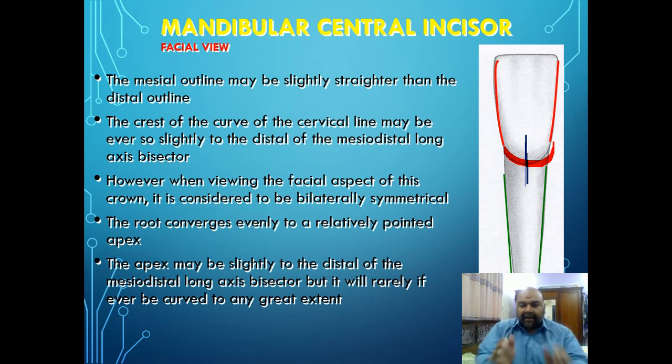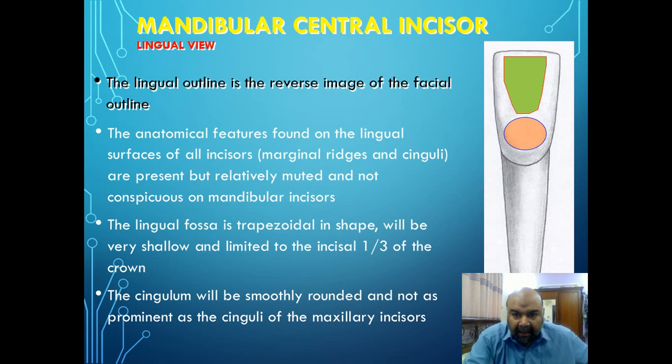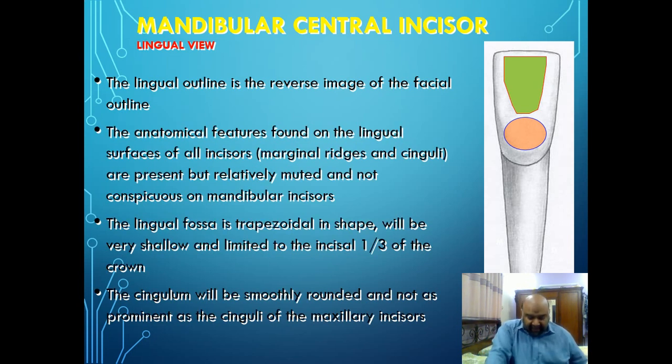The root converges to a relatively pointed apex. The apex or the apical part of the root may be slightly towards the distal side in the mandibular. Now we'll be looking at the lingual aspect. The lingual outline is very similar to the facial outline, except that it has a shallow lingual fossa, shown by the green.